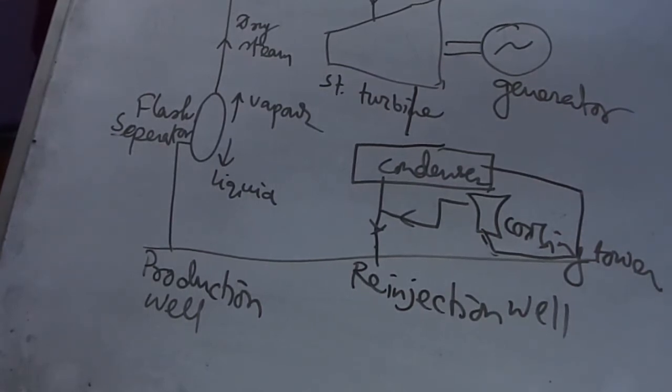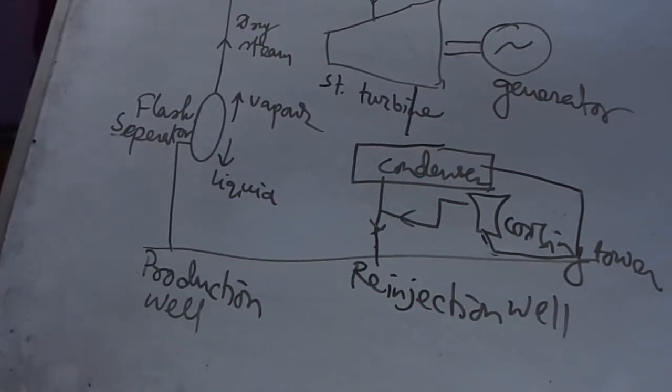In the dual flash system, the steam is flashed a second time from the remaining hot fluid of the first stage, separated and fed into the dual inlet turbine or into two separate turbines.